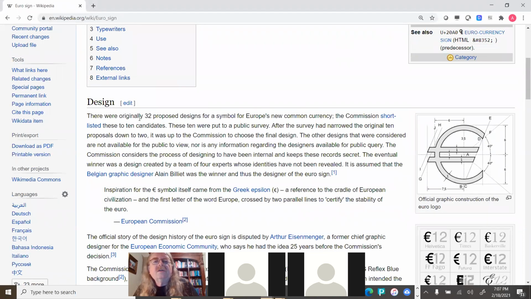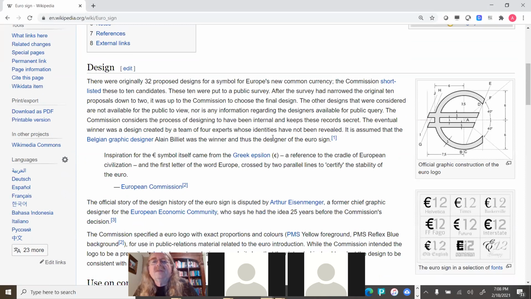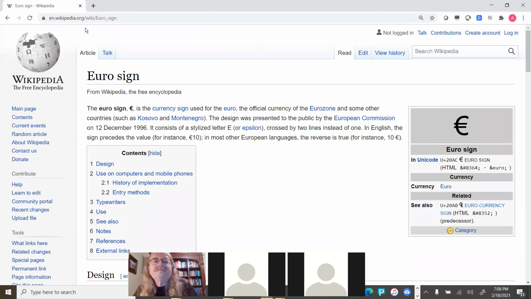Oh my God, there were originally 32 designs. I did not know that. Then they knocked it down to 10. They were put up to a public survey. After the survey had narrowed the original 10 down to 2, the commission chose the final design. But they did use input from the public. And of course, that is not the case for these other symbols. They sort of evolved over time.